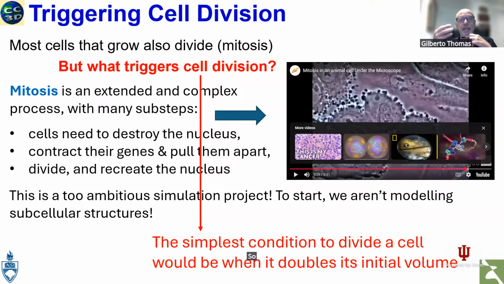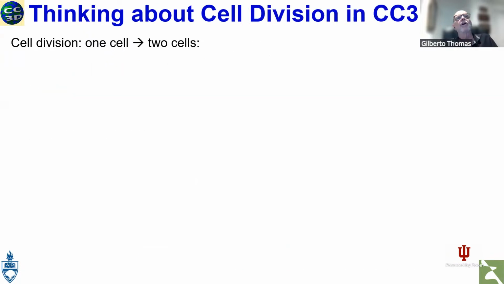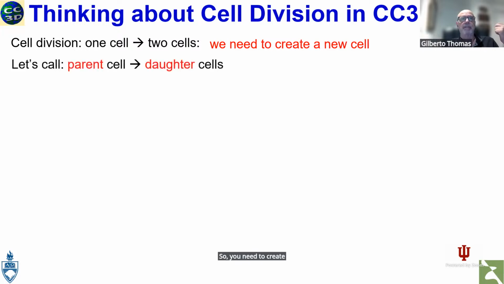So we have to keep track of the cell volume at each Monte Carlo step. When it reaches double the initial value, we will implement the mitosis process. So when we have cell division in general, we have one cell becoming 2. So you need to create a new cell.